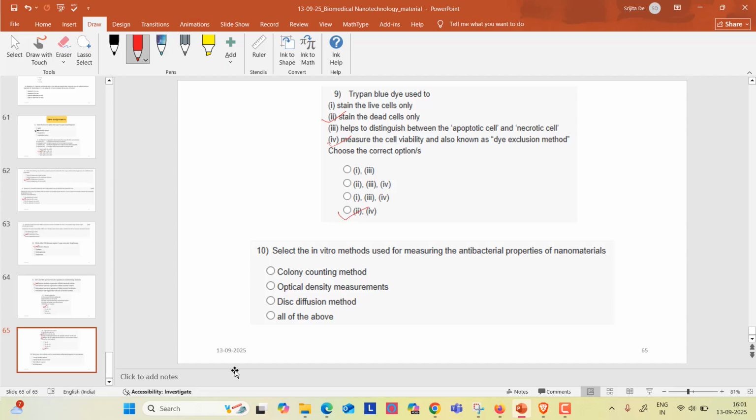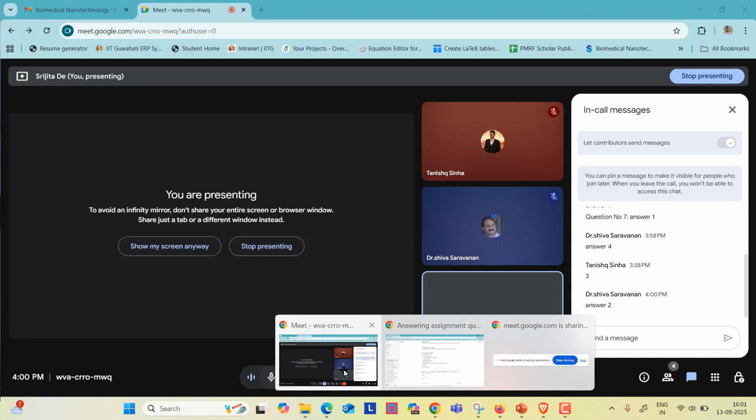To me, options 2 and 4 are correct because in both apoptosis and necrosis, cells eventually die, right? So you cannot distinguish which it is by the staining color, I think so. You may cross check also, okay.